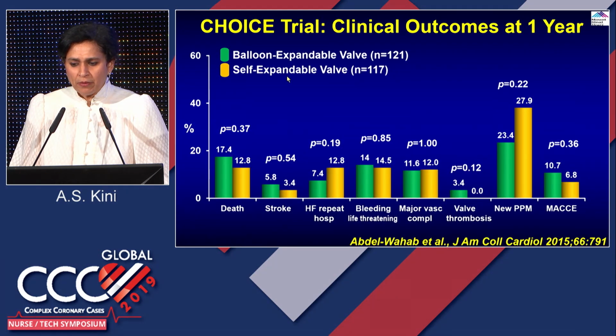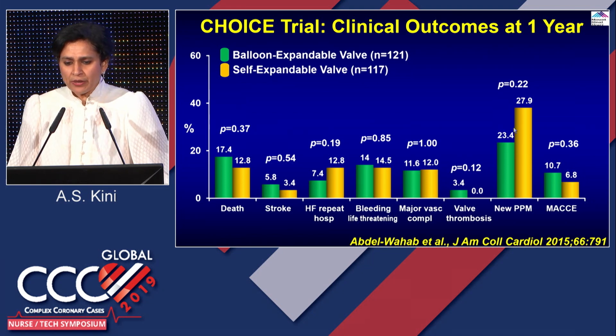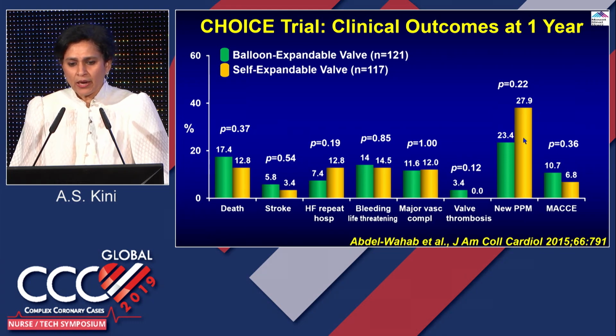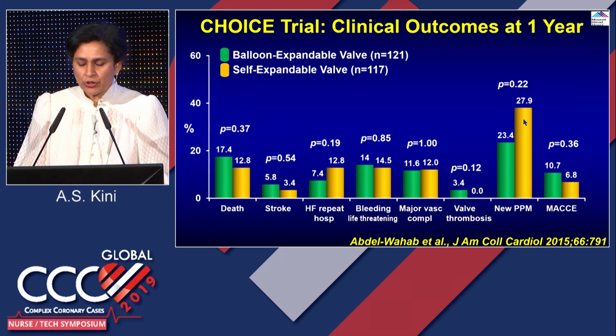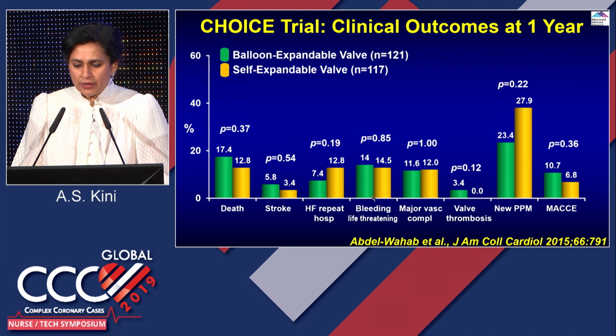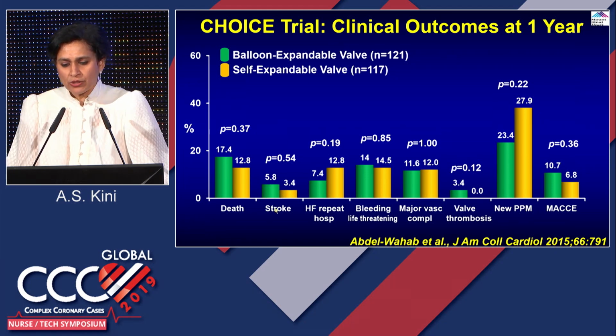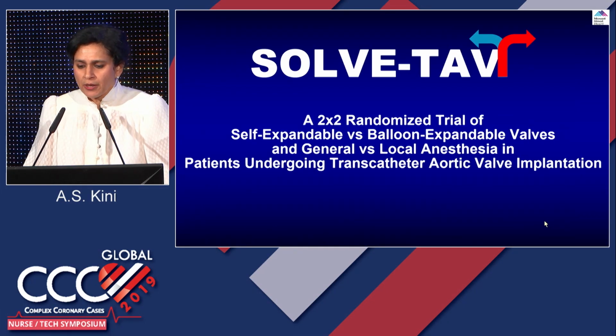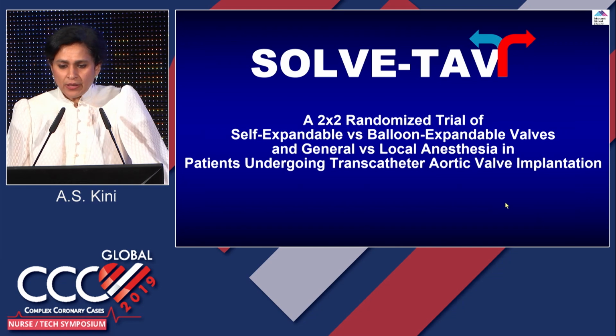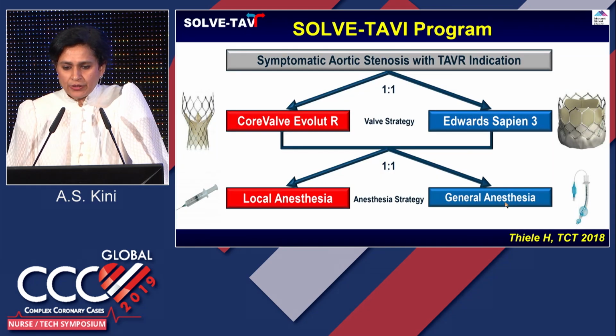Most of the outcomes are identical, except you see the pacemaker rate is slightly higher for self-expandable, which we know, and there was a difference in stroke, which again is not significant. The only significance was maybe a slightly higher pacemaker rate.